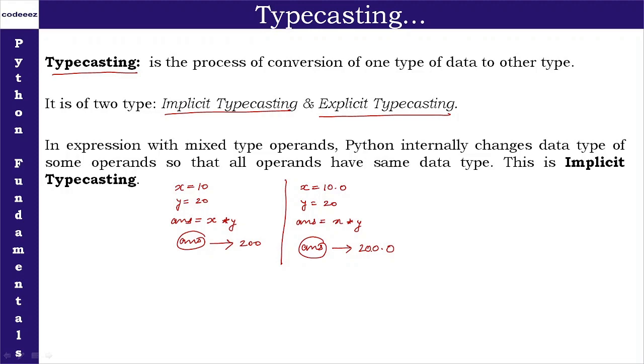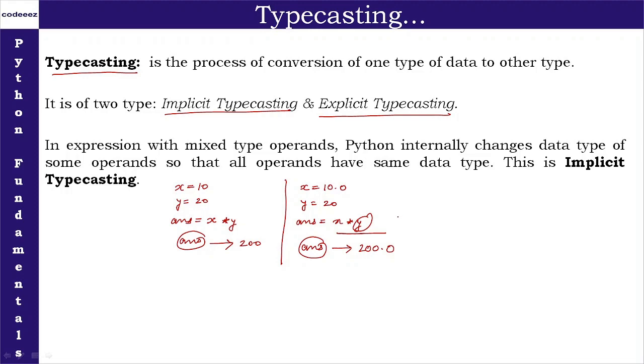Now why is it so? It is so because in this expression x into y, one value was 10.0, that is of float type, and another value was of integer type. Now what will Python do? Internally Python will change all the operands' type into the same one, right? So here y will be changed to float.